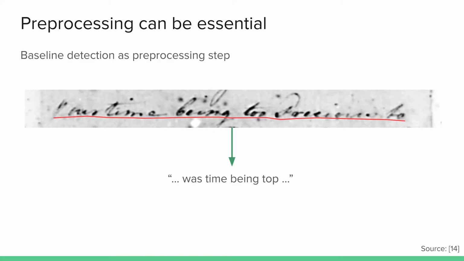One way you can actually do this for text, it's a very common procedure, is that you try to find the baselines of your written text. Try to find the line where text is being written upon, and this baseline detection is now a preprocessing step that transforms the problem into a kind of one-dimensional problem where you just follow along the baseline and then you can feed that part of the input into your neural network.